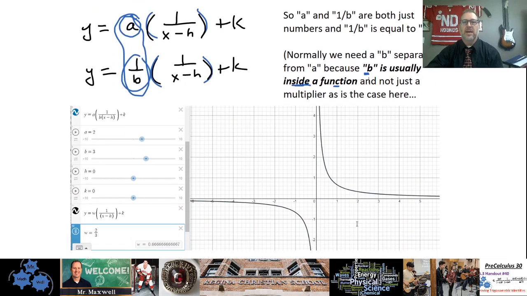I'll show you an example real quick from Desmos. I've got two functions lit up here. I've got a and b programmed into this function, just like we might traditionally see it. If a is 2 and b is 3, that would be 2 over 3. See that?